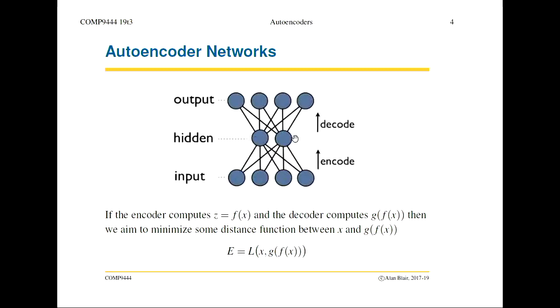So let's suppose that there are 100 hidden units here. I take an image, I apply my encoder, and it gives me 100 numbers. And then the decoder takes those 100 numbers and produces an image. So those 100 numbers are supposed to represent the image in some sense.